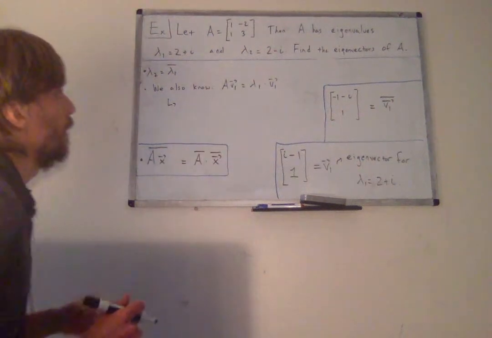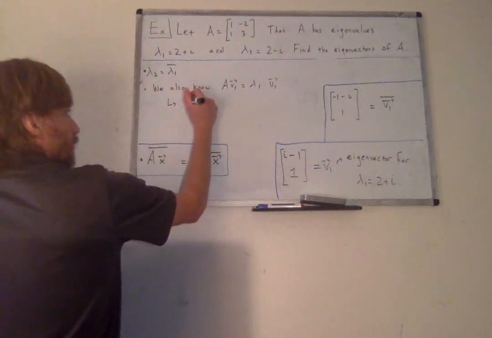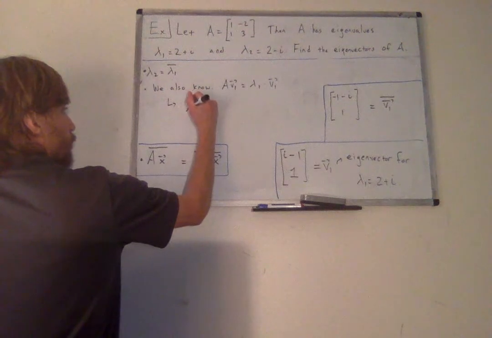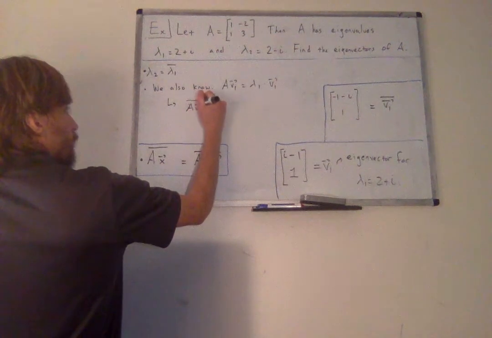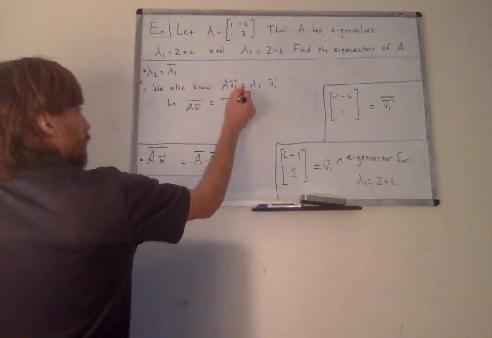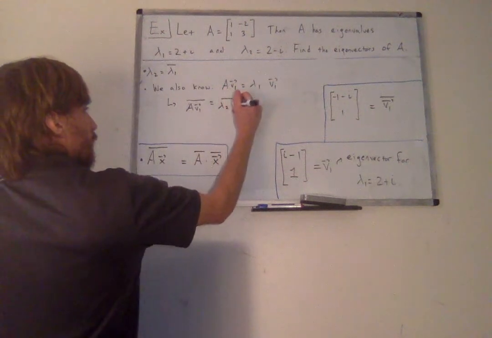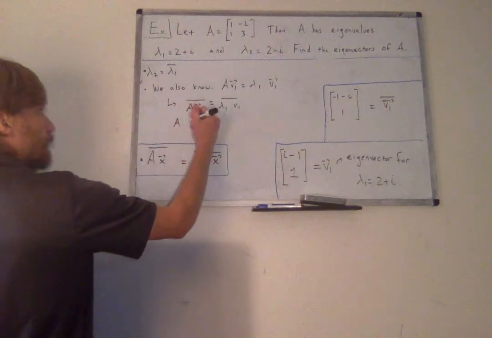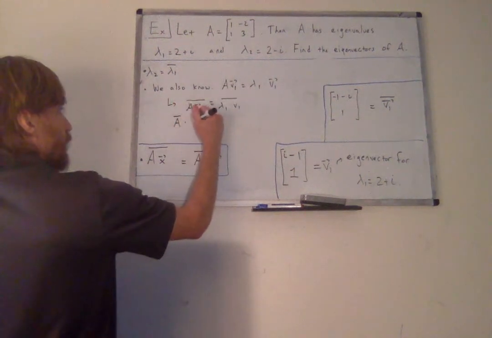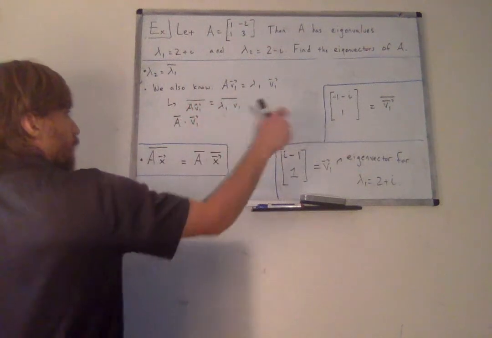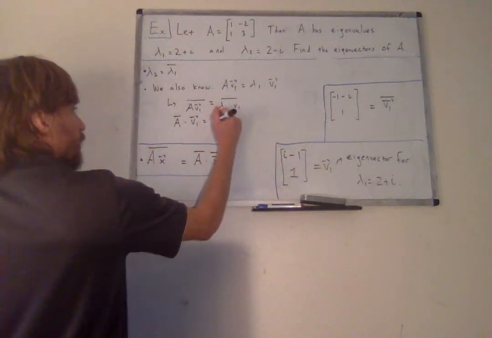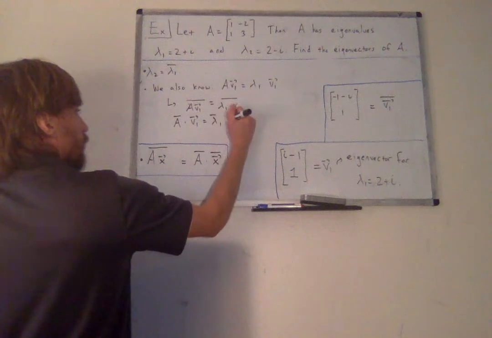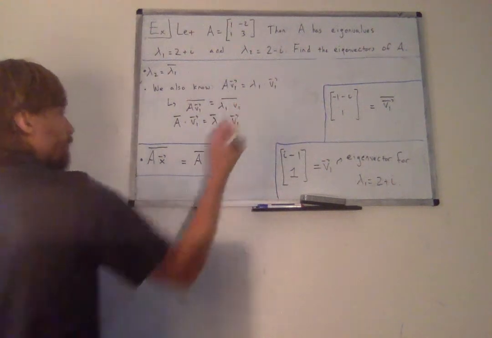All right. So what we're going to do is we're going to take the conjugate of both sides. And remember now, the conjugate is multiplicative, right? So this is equal to conjugate A times conjugate v1, which we have here, is equal to conjugate lambda 1 times conjugate v1.